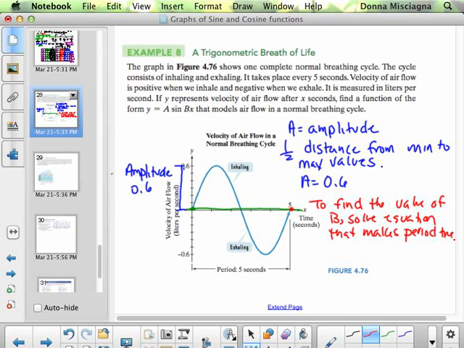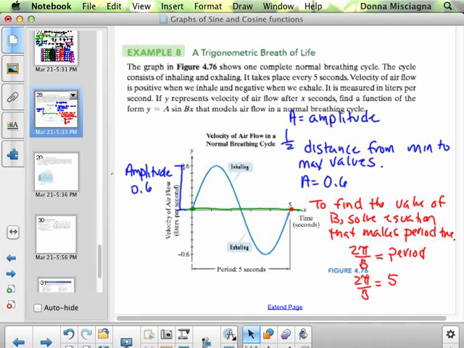Our equation to find the period is 2 pi divided by b equals the period. In this case, 2 pi divided by b equals 5. Do I have enough space to solve there? Let's see. Maybe if I move up a little.